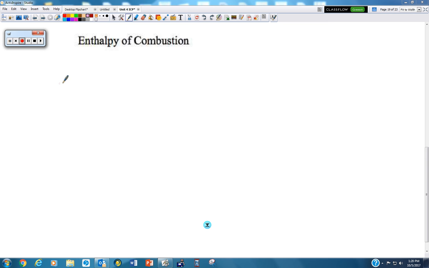We just talked about enthalpy of formation. Another one that we want to look at is enthalpy of combustion. All right. So for enthalpy of combustion, we have a reaction that is a combustion reaction.